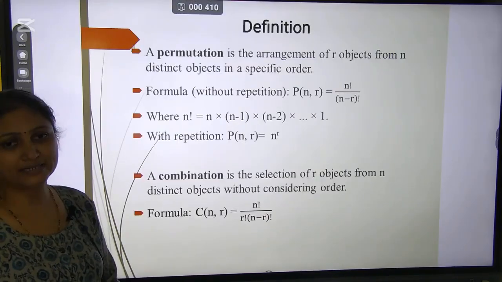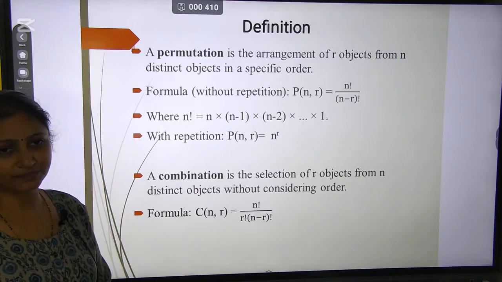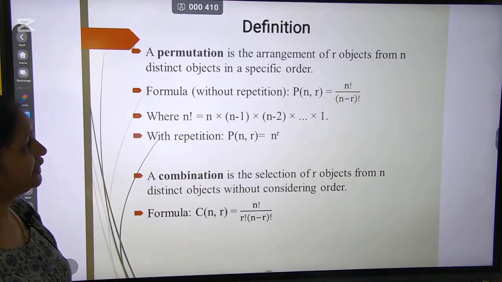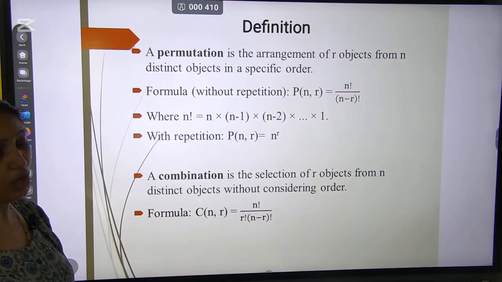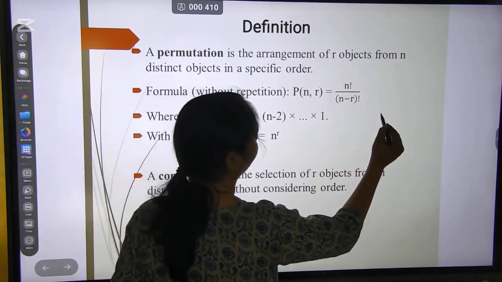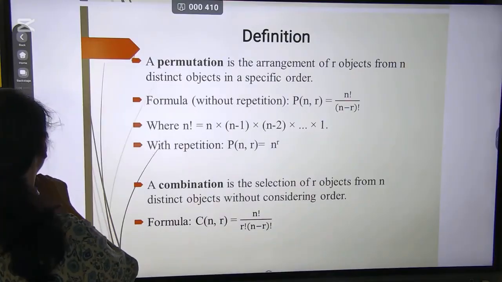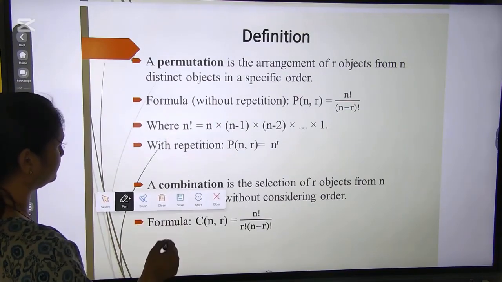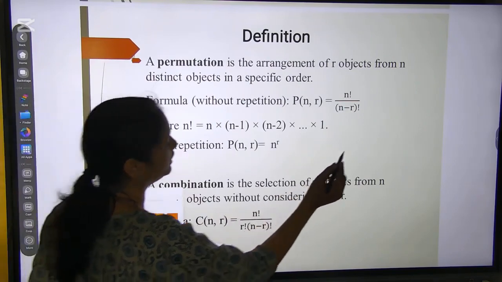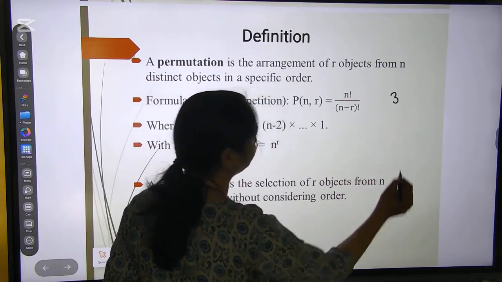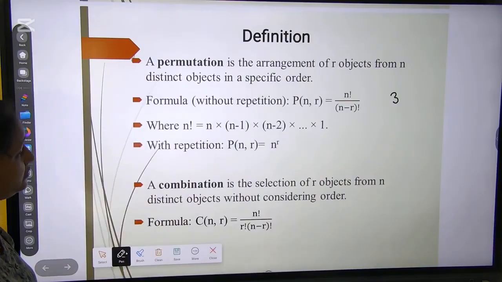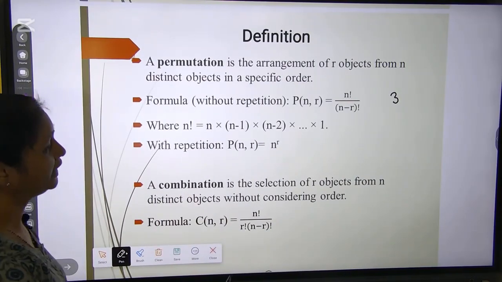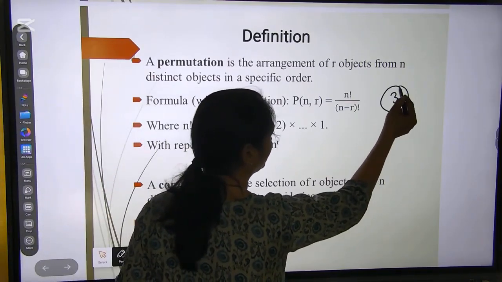So, the basic definition of permutations and combinations. A permutation is the arrangement of r objects from n distinct objects in a specific order. That means if we have three chairs and we have to arrange them, 3 out of 3 chairs we are going to arrange.